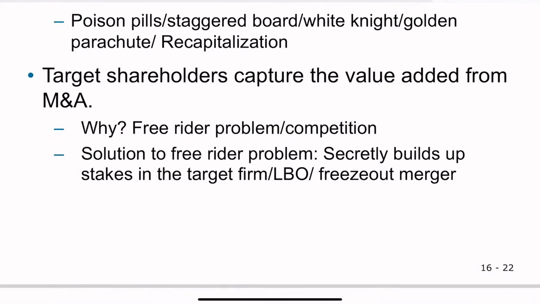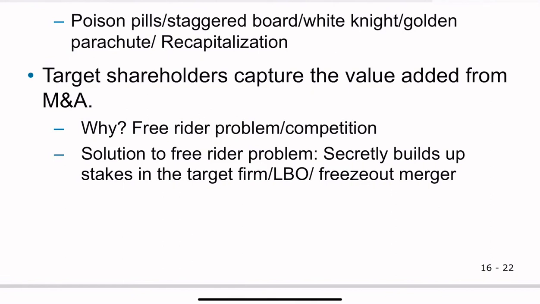Okay, and then we want to understand why there is a high acquisition premium, right? Because we learned the acquisition premium is about 43%. It's very high. And we find that because of this acquisition premium, target shareholders capture the value added from merger and acquisition.